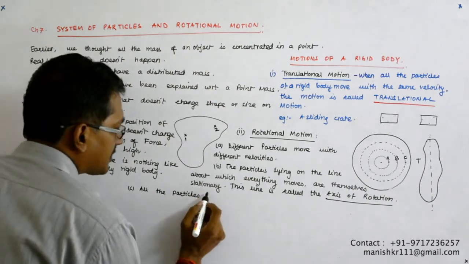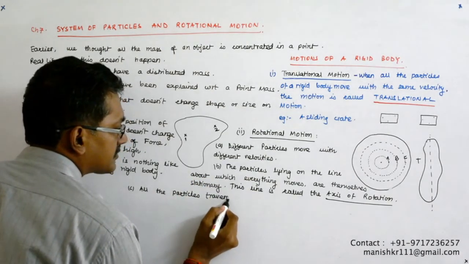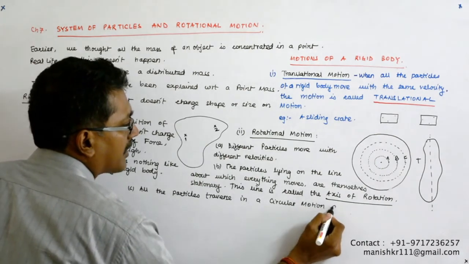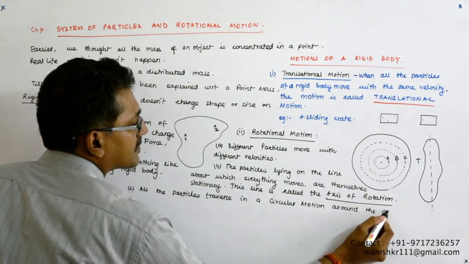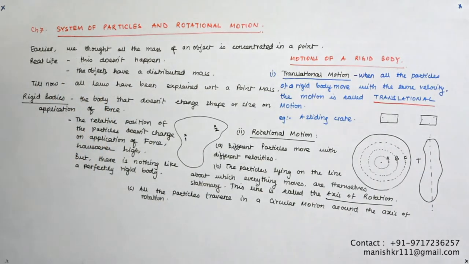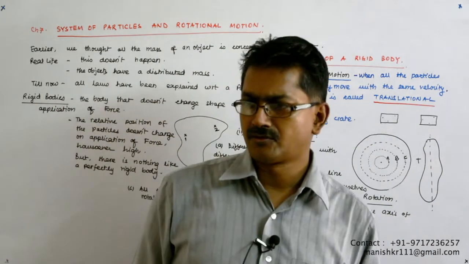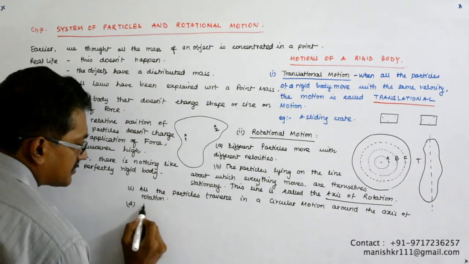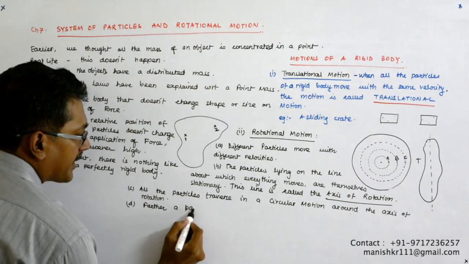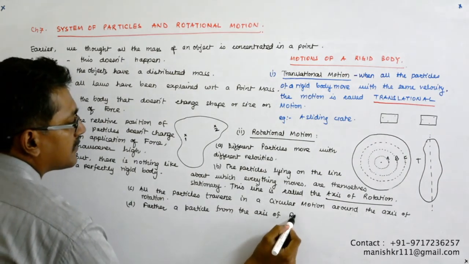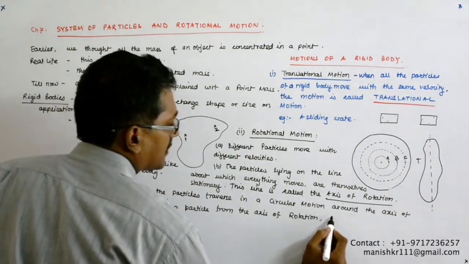All the particles traverse a circular motion around the axis of rotation, and the farther a particle is from the axis of rotation, the faster does it move.